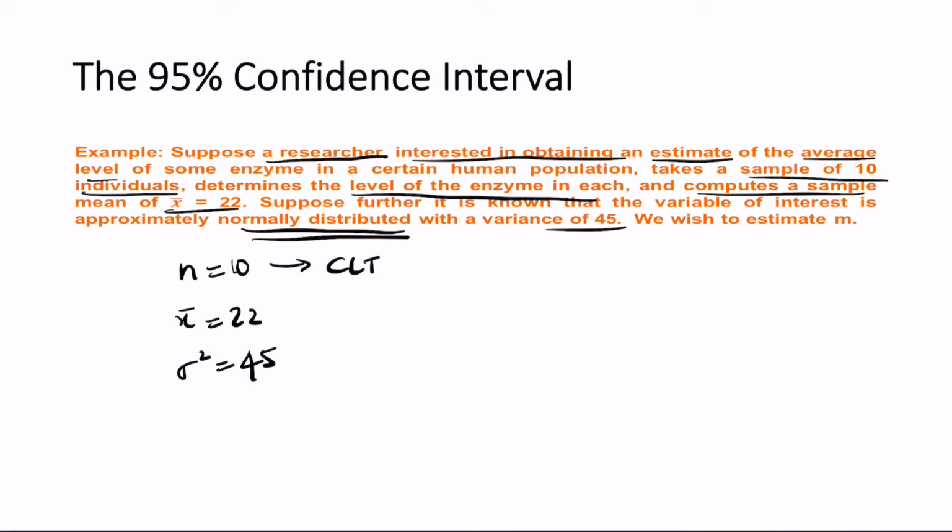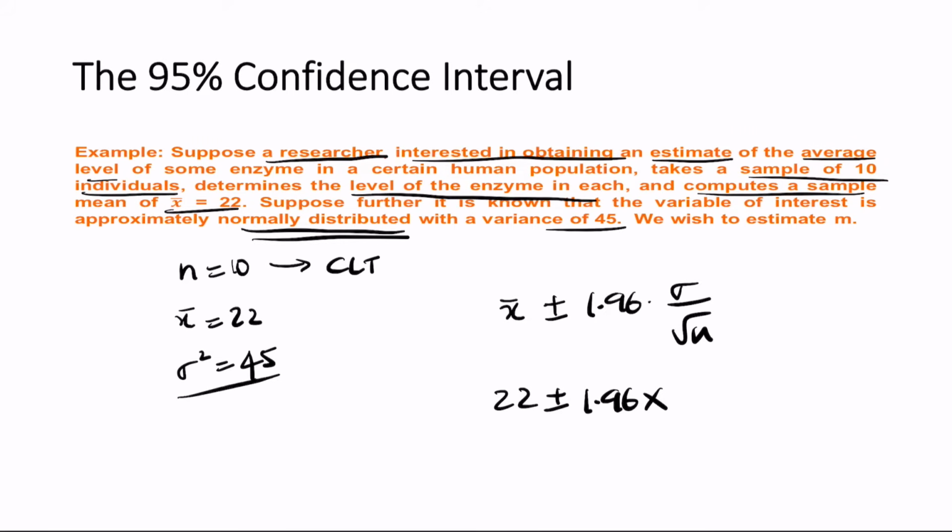So from the central limit theorem, what is the formula that we have to use here? If you want to estimate again, x bar plus or minus 1.96 times sigma by root n. So x bar is 22 plus or minus 1.96 times sigma here. So sigma here is root 45 by root 10.